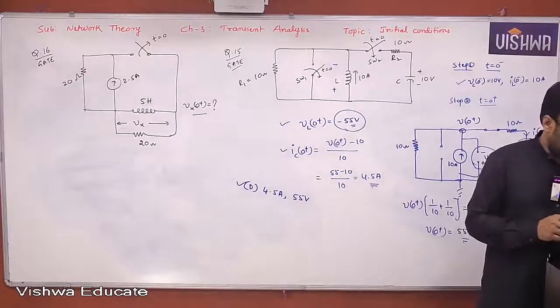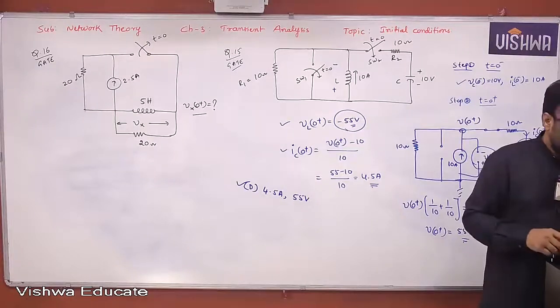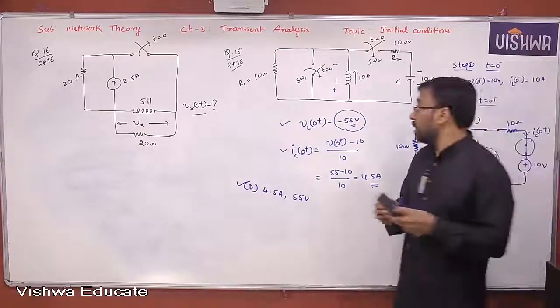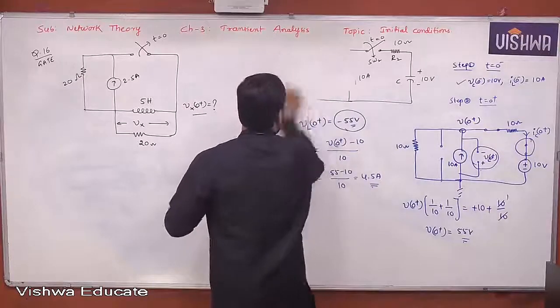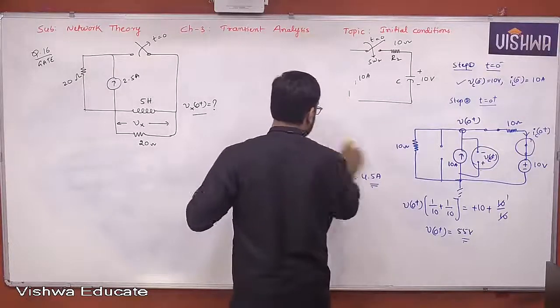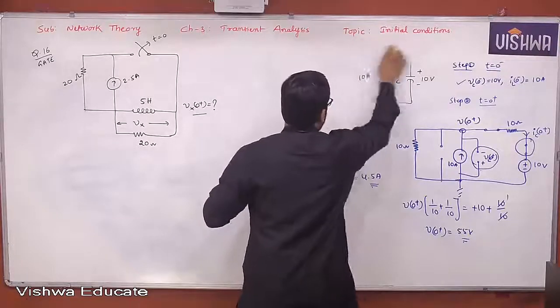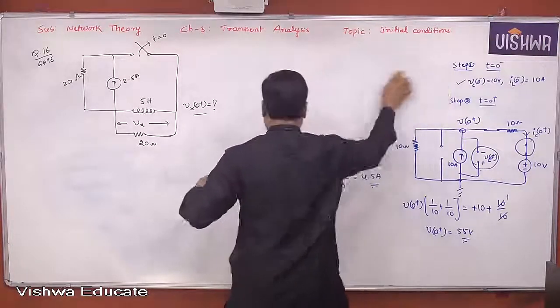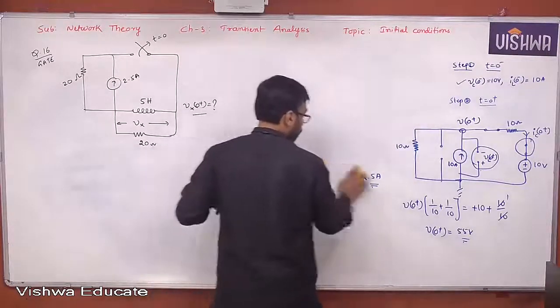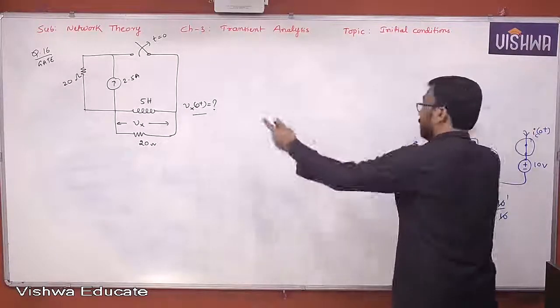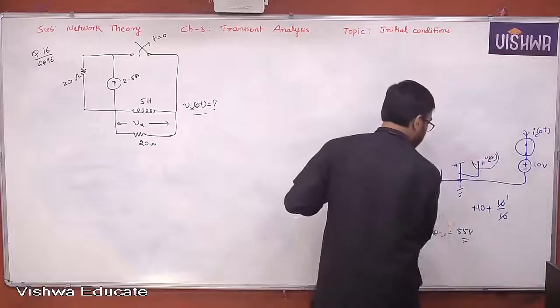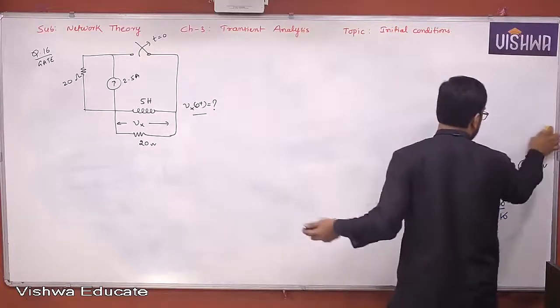What is Vx of 0 plus? Okay, I think you have noted this. You can try that problem. I will discuss this problem in the next session. Okay. You can try.